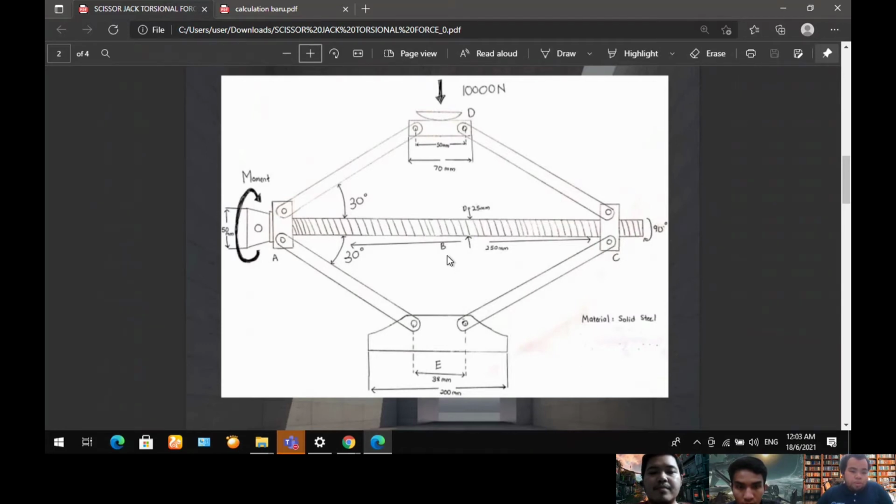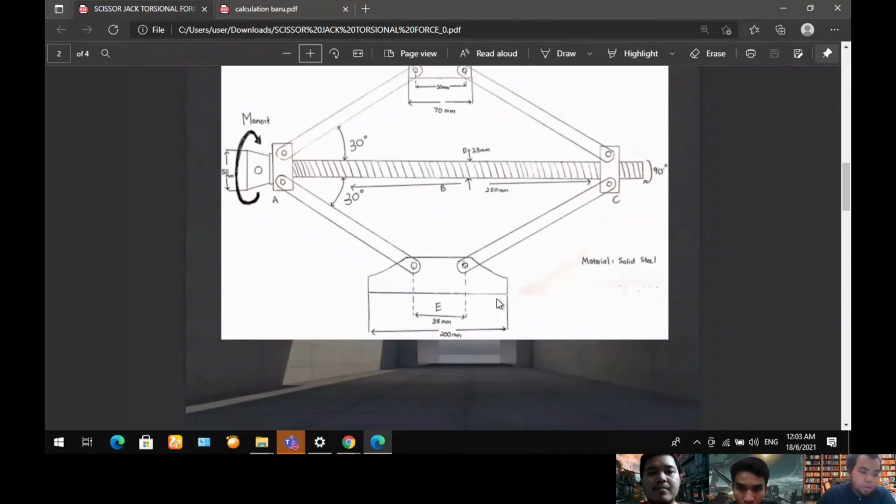As we move to the bottom, there is a long shaft that acts as the main part of the scissor jack to lift or lower the jack. It can also be said to contract or expand the jack.